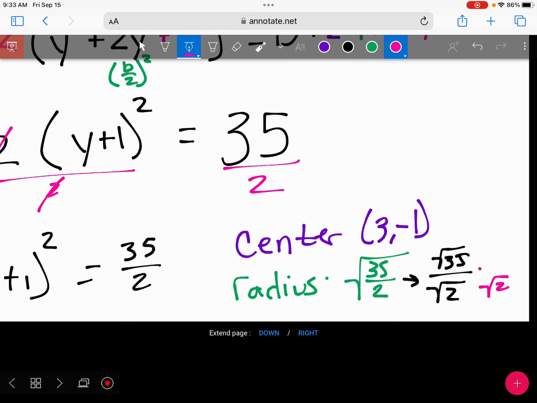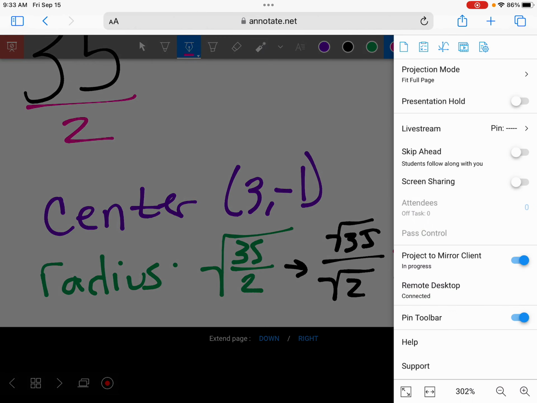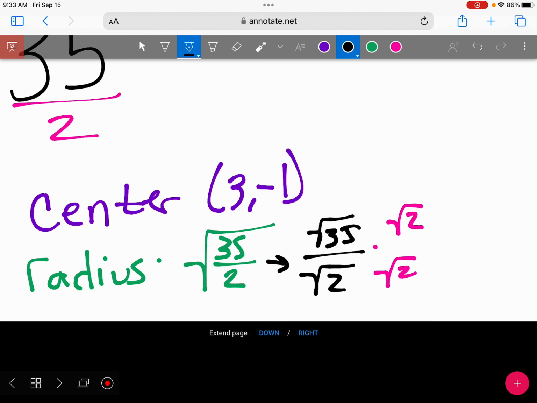Square root of 2. Sorry, giving us more space. There we go. So square root of 35 times square root of 2 gives us what? Square root of 70 over 2.